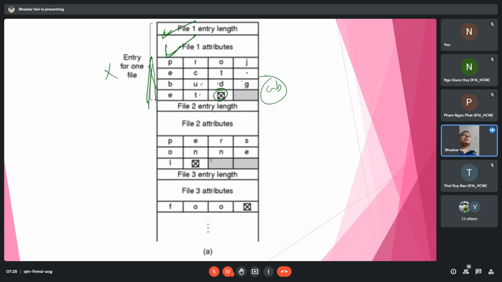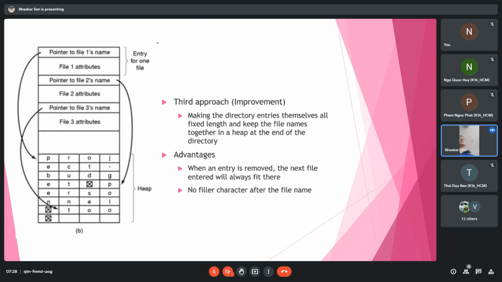So that was a problem because of which we went to the final third approach. And as you will see, and probably many of you have started noticing it, that is all about adding layers of indirection. So that is what we are doing.